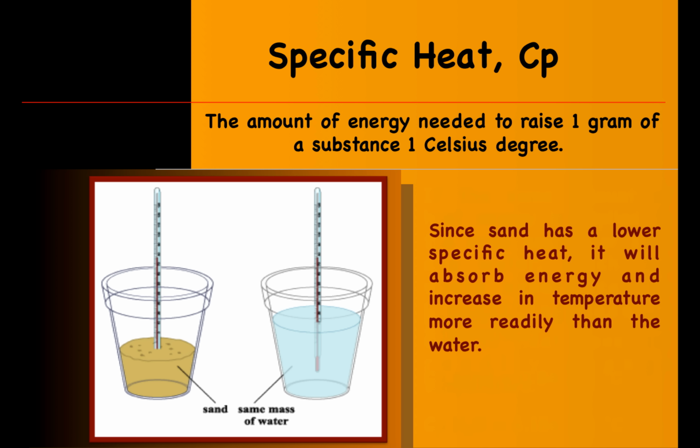Since sand has a lower specific heat, it will absorb energy and increase in temperature more readily than water. Specific heat is the amount of energy needed to raise 1 gram of a substance 1 Celsius degree.